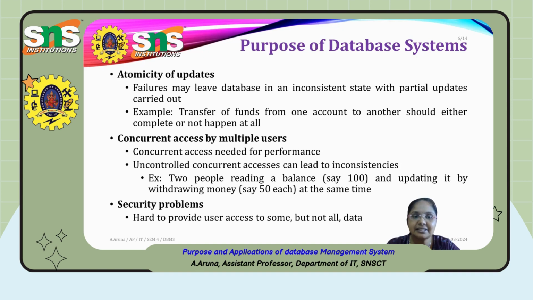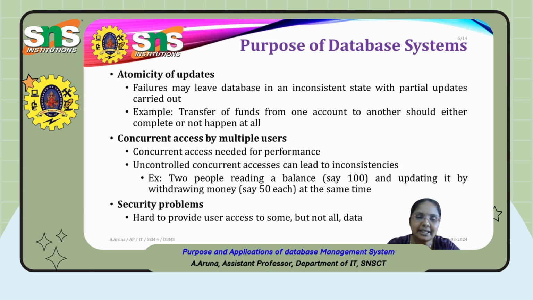So whatever transaction takes place, it must be fully updated in your database, and this is supported in a database system, that is, atomicity of updates. For example, if you transfer funds from one account to another, it should happen in both accounts: in one account it must be debited, and in the other it must be credited. This is verified by using atomicity of updates.